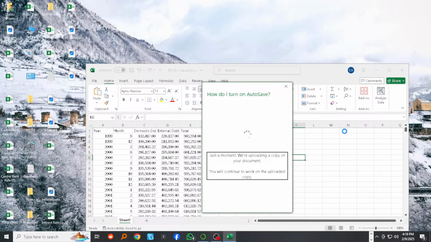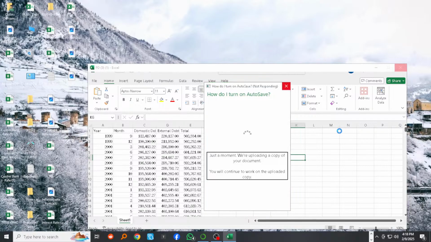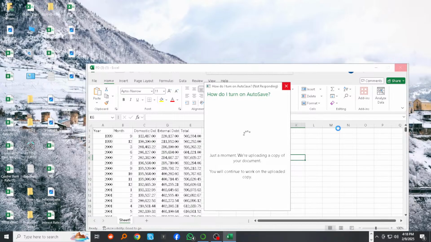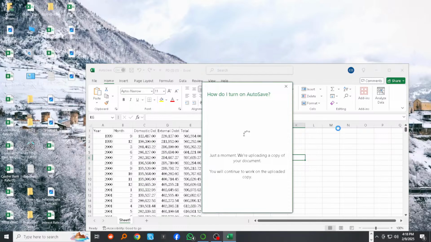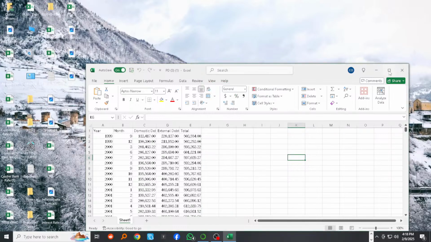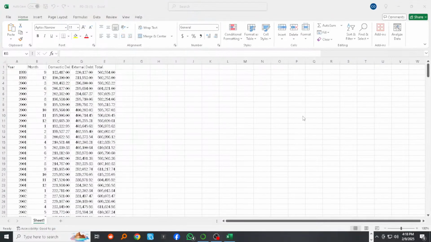Well, it's saving. Let it save. Then it will allow me to work. After it's saved, it will then allow me to work with the data. Yes, I think we're done. So this is the data that we have.